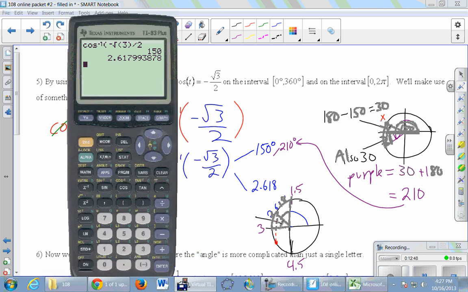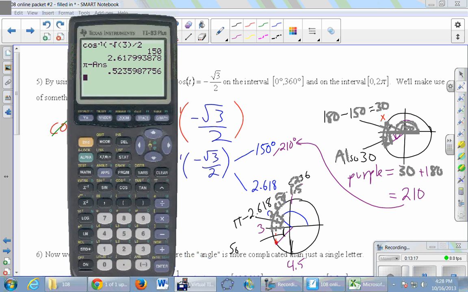So this tiny angle is pi minus the 2.618. So let's find that over here. So it's about 0.5236, which means that if we were to draw purple, then this little angle here in black is exactly the same thing.